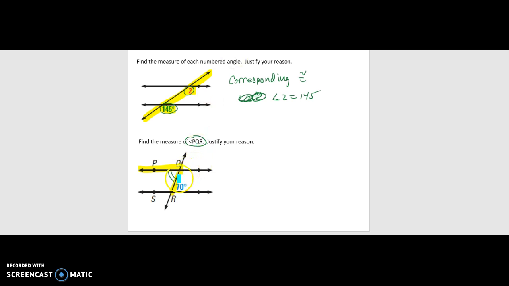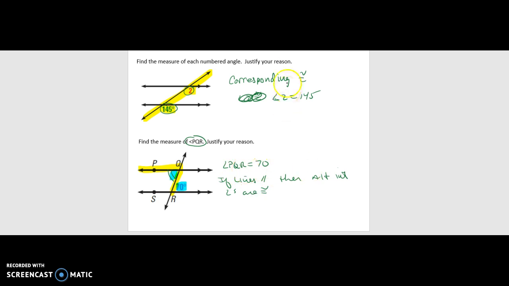If I compare this angle here to this angle here, those angles are alternate interior angles. So angle PQR is going to equal 70 degrees. And the reason is if lines are parallel, then alternate interior angles are congruent.